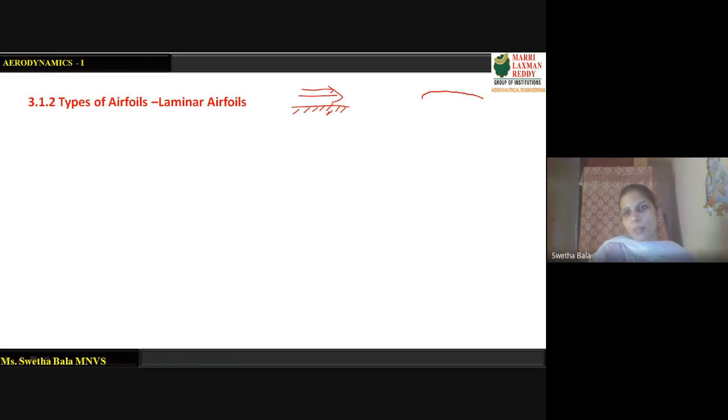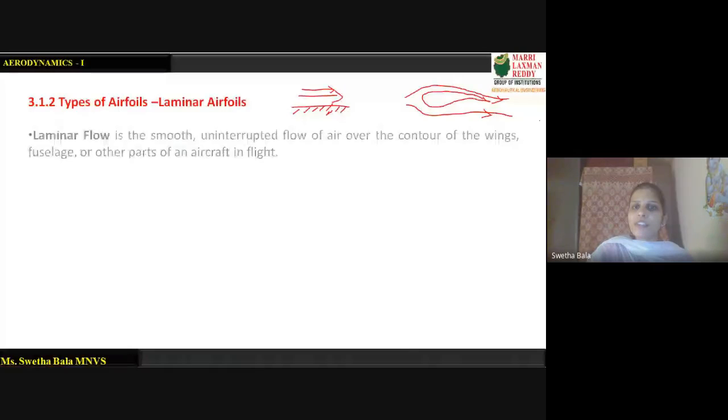If I want proper lifting conditions and minimum drag, I want the flow to be smoothly leaving the airfoil, right? So your laminar flow airfoils give uninterrupted flow over the contour of the wings. So we are taking care of this. The main purpose of this design is to have a smooth flow over the parts.